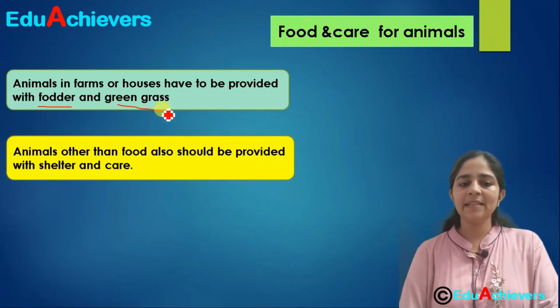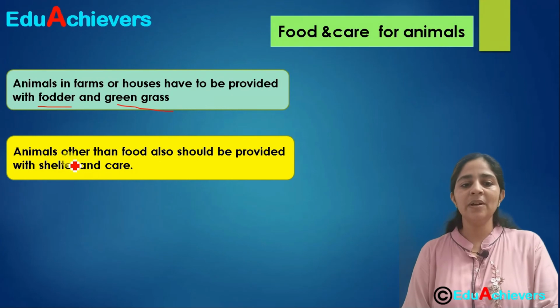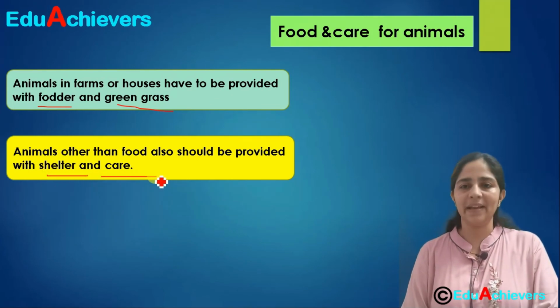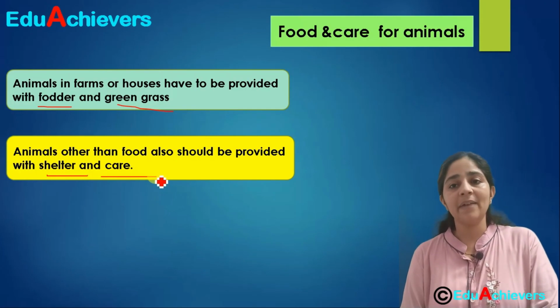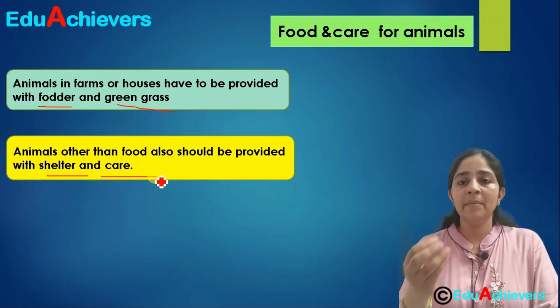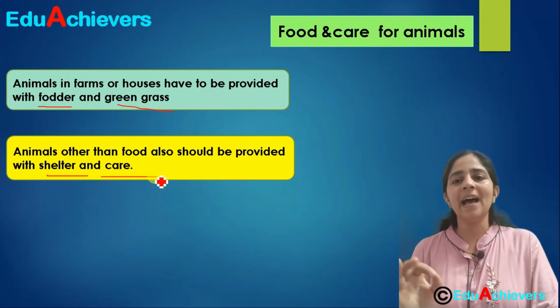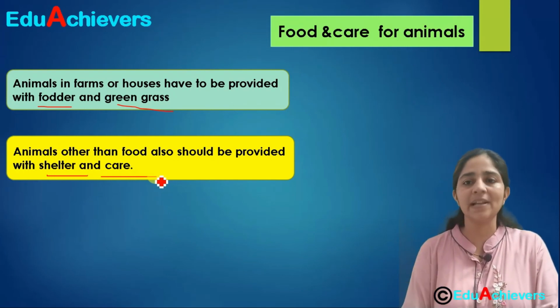Fine. The next thing to be done is that the animals should be provided shelter and proper care. When they fall sick, we have to provide them proper medicines and care, and we have to keep them in proper clean, hygienic conditions in a proper shelter.